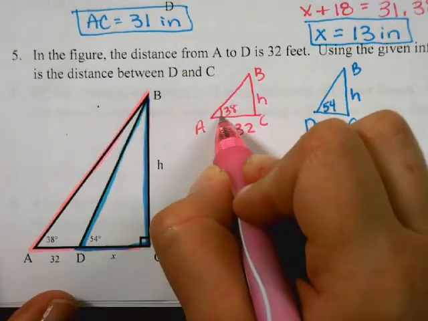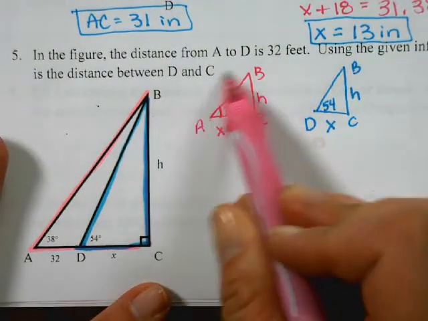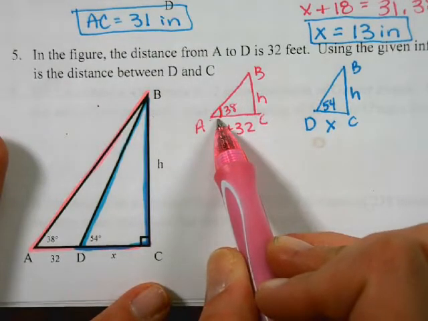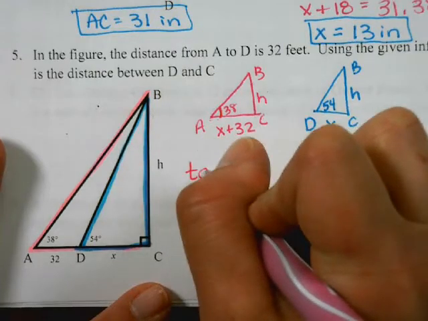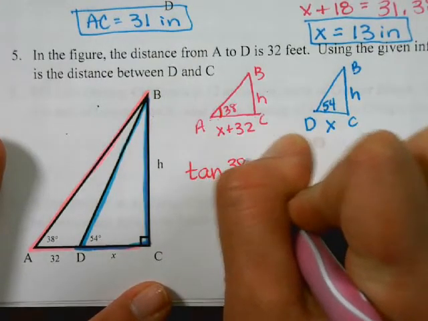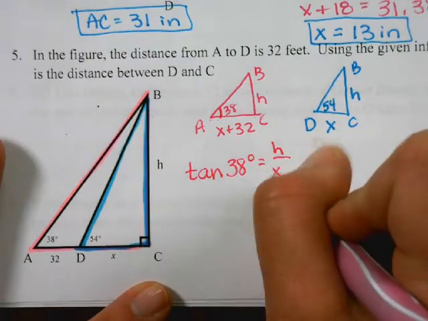If I'm sitting here at A, and I wanted to write a trig function for this triangle, I have opposite and adjacent. So I'm going to say the tangent of 38 degrees is equal to opposite h over x plus 32.